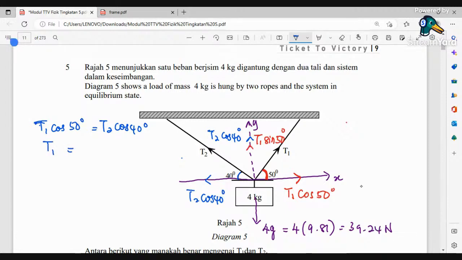Means T1 equals T2 cos 40 divided by cos 50. Let's put it aside.